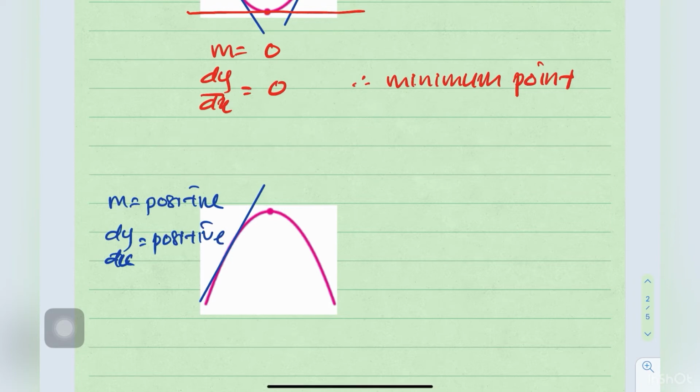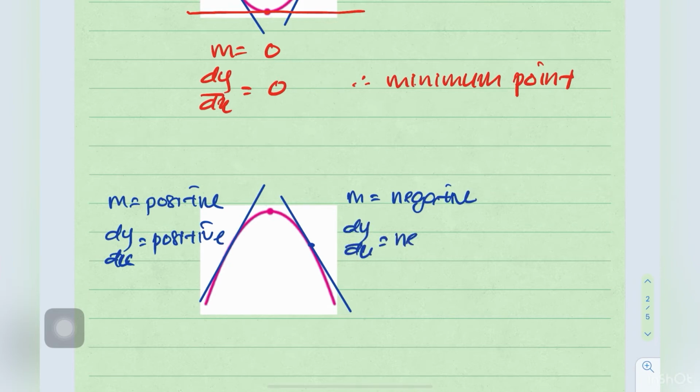On the right side, at this point, the gradient is negative, dy/dx is negative.